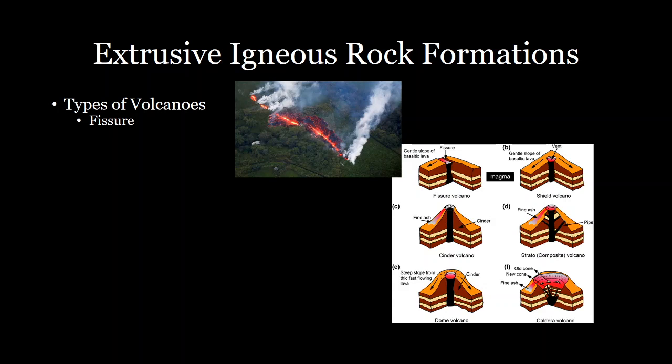So these are volcanoes that form as an area of land gets stretched and extended, much like as we talked about previously, mid-Atlantic ridges, where you have two plates moving apart. You would have magma coming up from the upper mantle and filling this fissure.